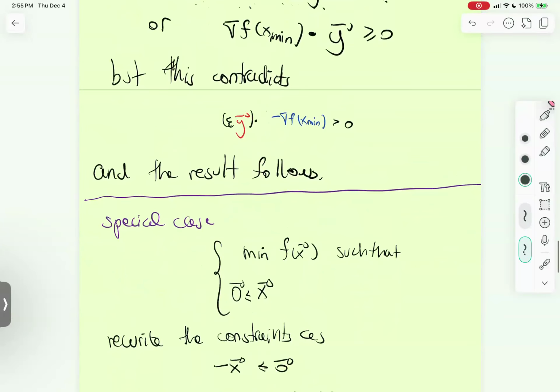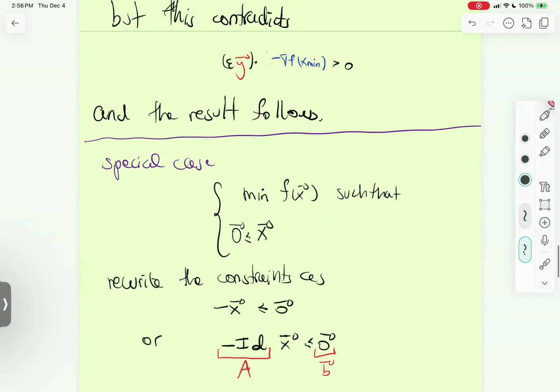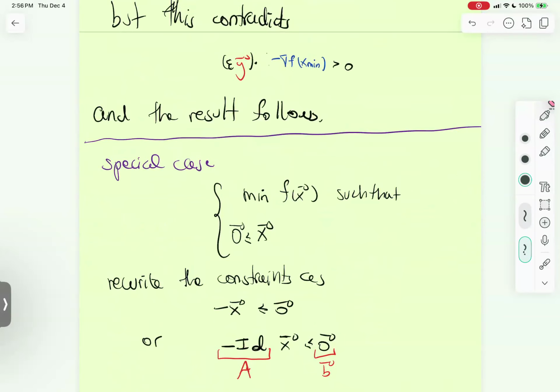So you just have to rewrite the way I wrote the constraints, with the variable on the left-hand side, and flip the inequality. So you're trying to find the minimum where minus x is less or equal to the zero vector. Another way to write it is minus the identity matrix times the vector x is less or equal to the zero vector.